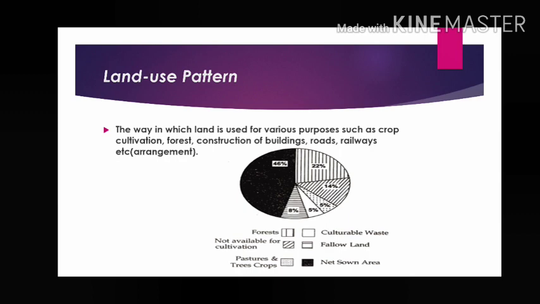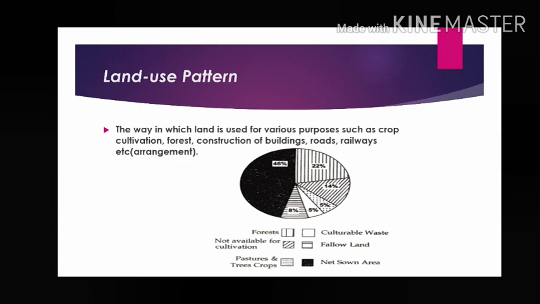That means land is used for various purposes, but it varies from one place to another place. Just see here that 46% area of the total land of India is coming under crop cultivation, which is called net sown area.